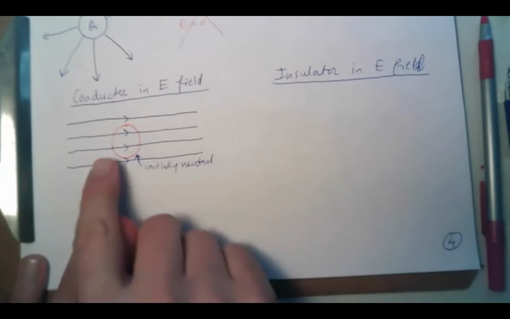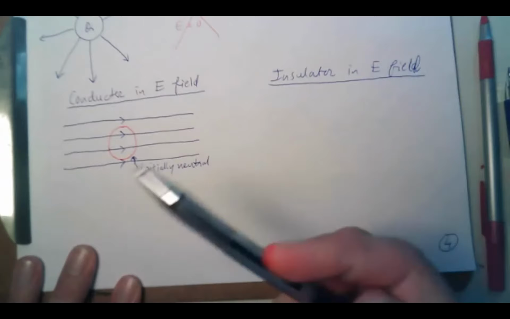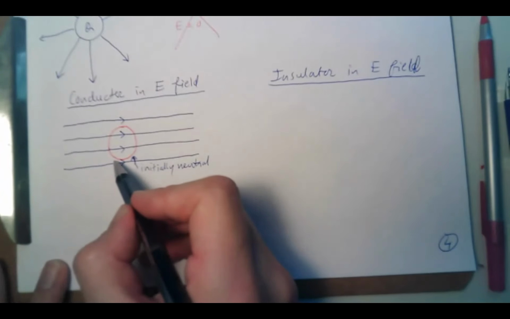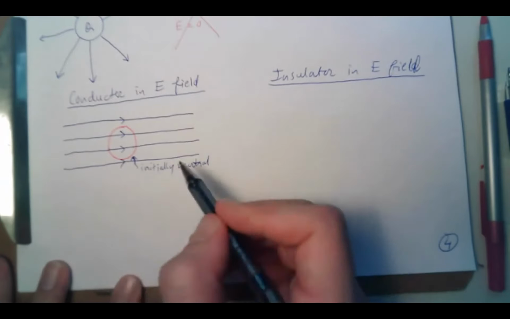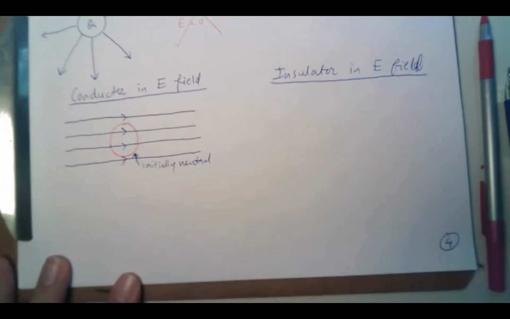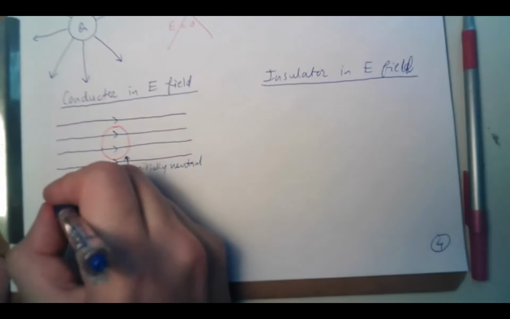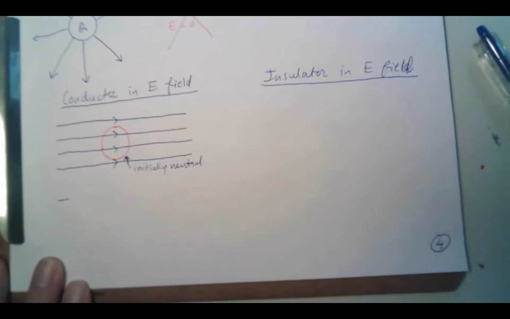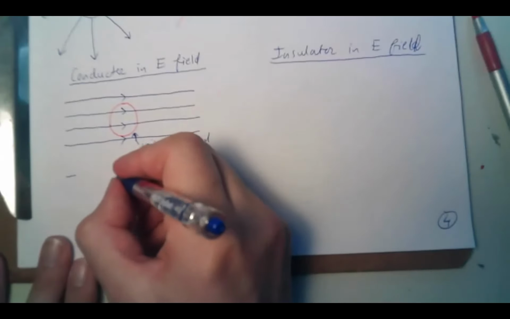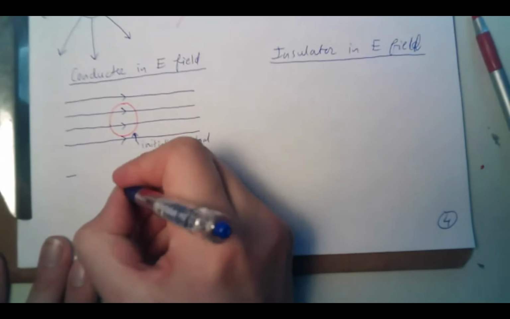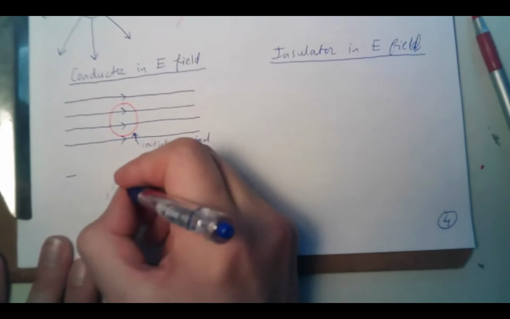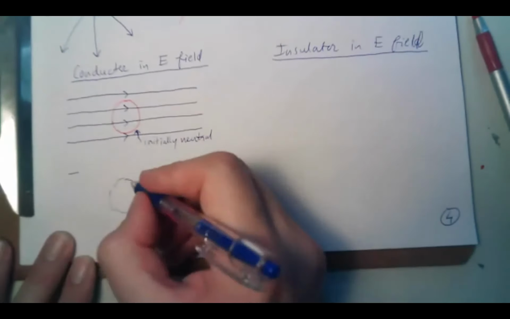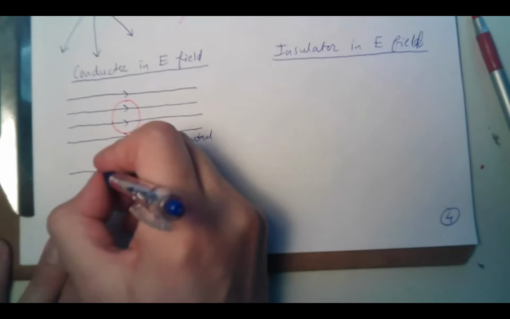And if they're positive charges, they'll be forced in the direction of the electric field. And if they're negative, they're going to go in the opposite direction. So you'll end up with a situation, and this is a process that's going to happen real fast. So I'm going to just draw this as a sphere. I will make this thicker in a little bit, but the electric field lines will do this.